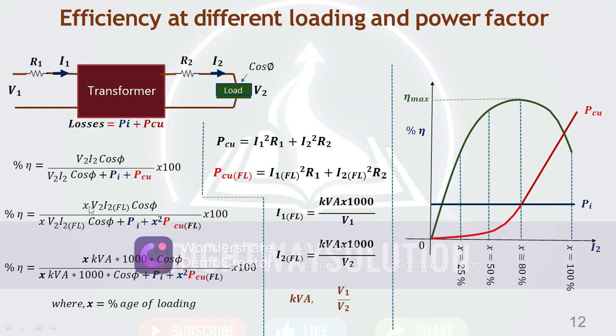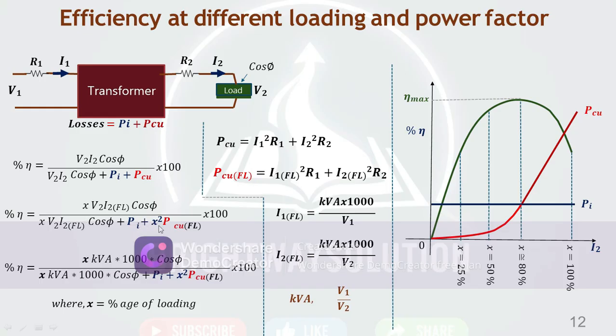The proper formula is: x into V2 into I2 full load into cos phi, upon x V2 into I2 full load cos phi plus Pi plus x square into PCU full load. This is the efficiency formula.